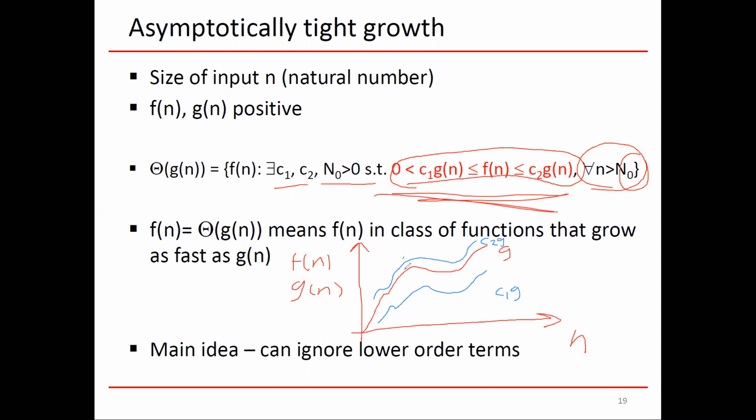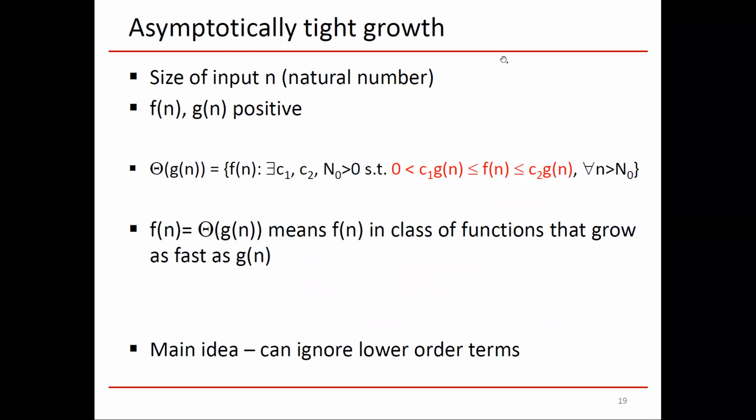And as long as starting from some n0, the function f is sandwiched between c1 and c2 times g, we're good. It could be that for smaller values, n less than n0, f was bigger or less, doesn't matter. We're talking about asymptotes. Asymptotically, for values of n larger than n0, it works. And the main idea here is that we can ignore the lower order terms. So if we have cubic terms and quadratic terms, only the highest order term matters. The others asymptotically go away.